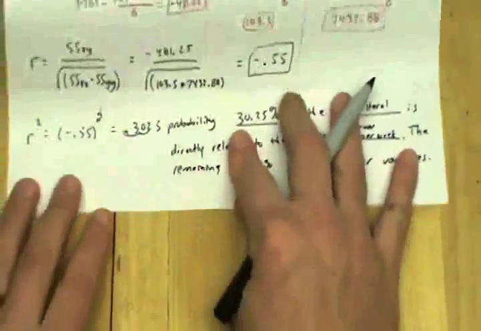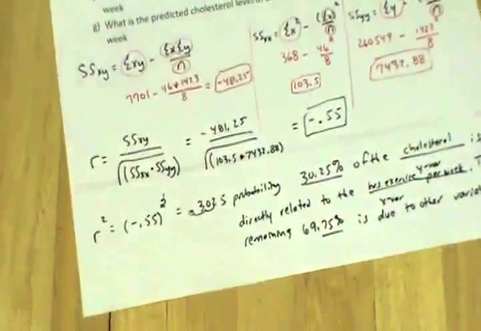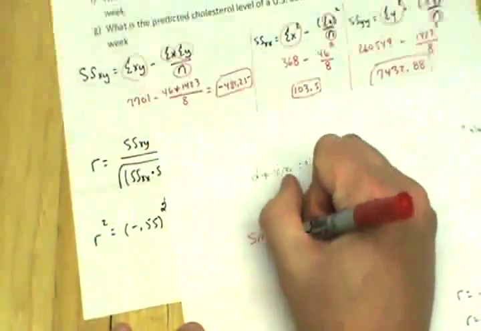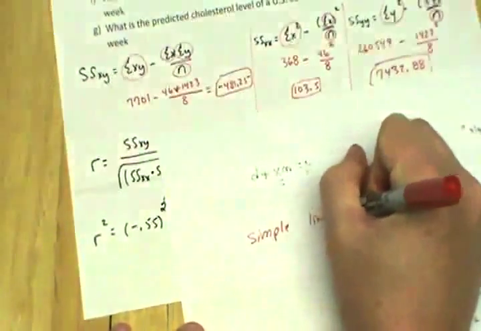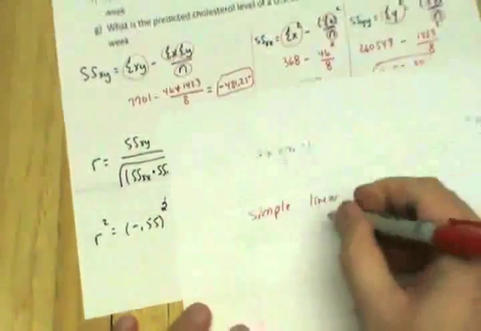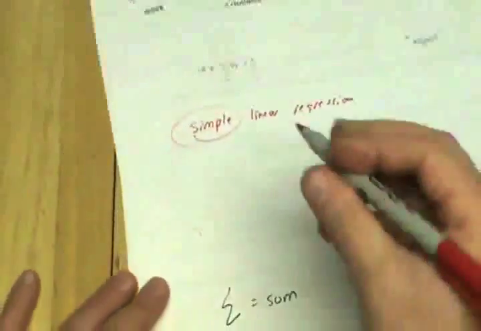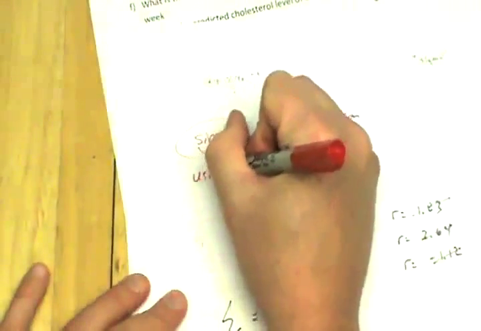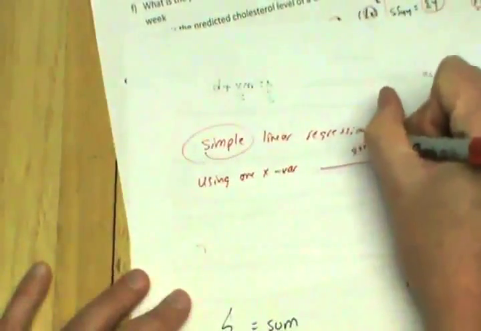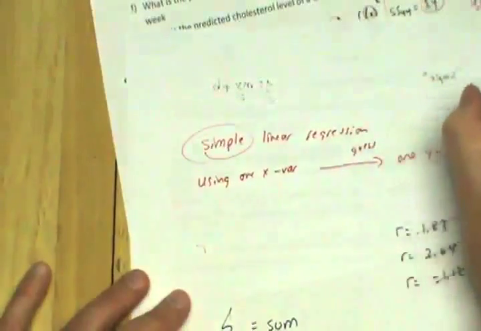Now, the reason why this is called simple linear regression, the word simple means using one x variable to guess one y variable.